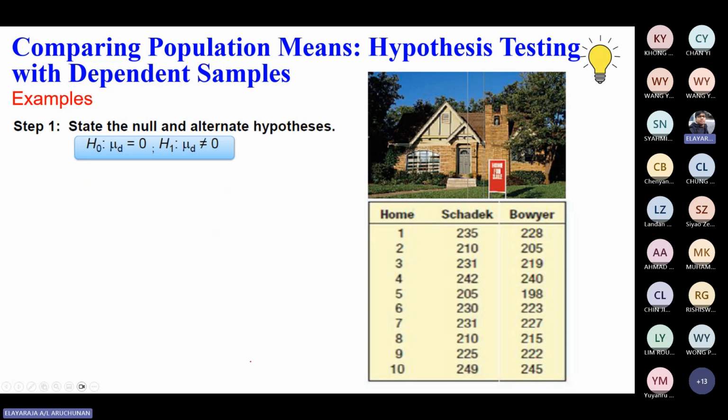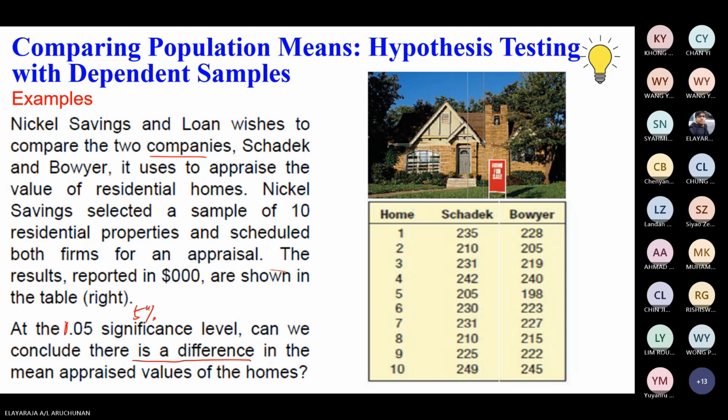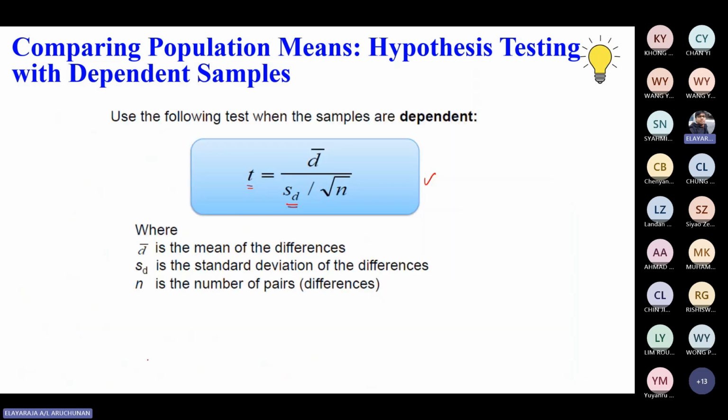First step: we need to write the null and alternative hypothesis statements. The question wants to check whether there is any difference, so you should think in terms of equal or not equal. First we set the null hypothesis: the mean difference of the appraised value of the homes is equal to 0. And the alternative hypothesis: the mean difference of the appraised values is not equal to 0.